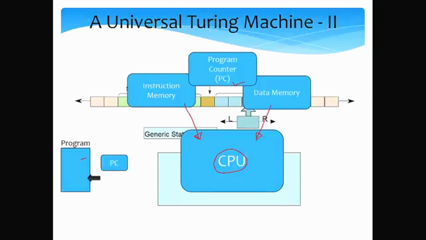The simulated action table, we made it the instruction memory because it has all the instructions. The simulated state register, we made the program counter, or the PC. This tells us where exactly we are inside a program. And the data memory tells us what data we need to work on.